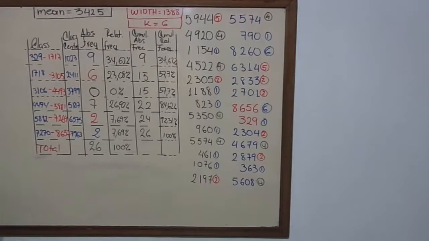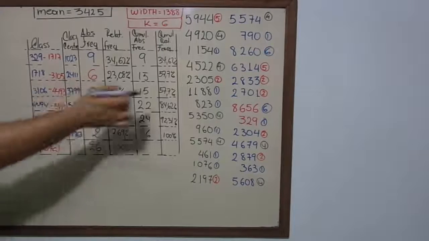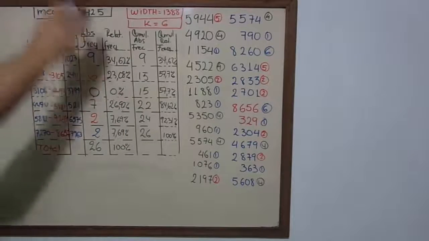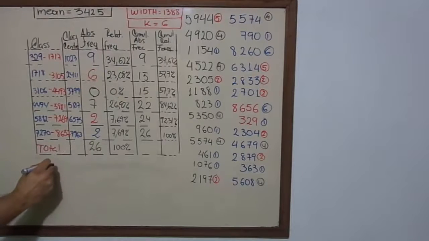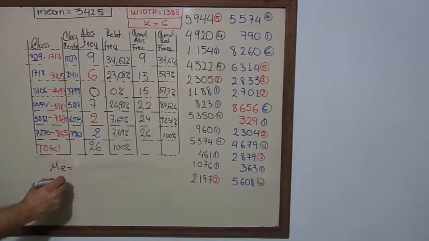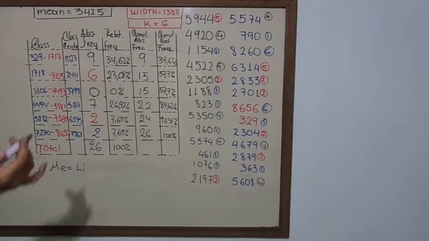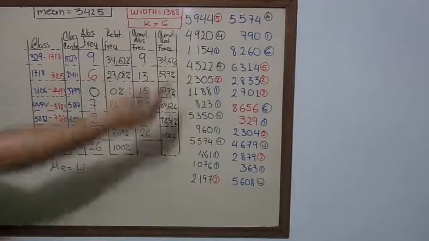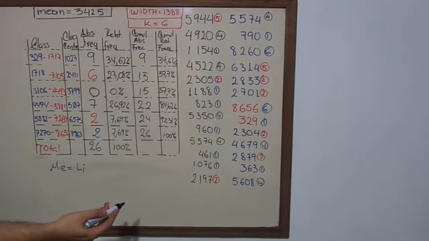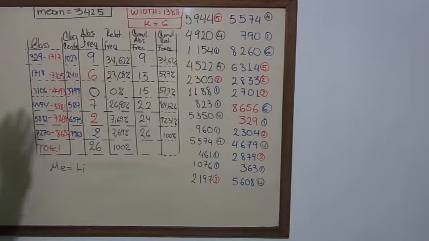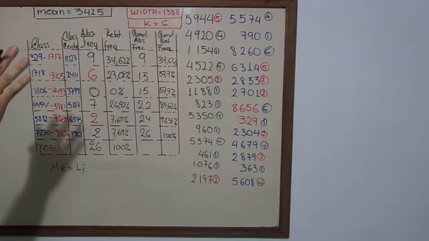Now we need to find the median. The median is the data or the number which is located exactly in the middle of all the list. So the equation is the inferior limit of the class that contains the median. I mean by this, if we have 26 numbers, the median has got to be on the number 13.